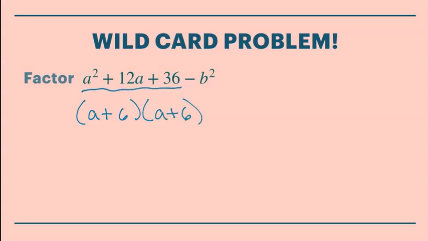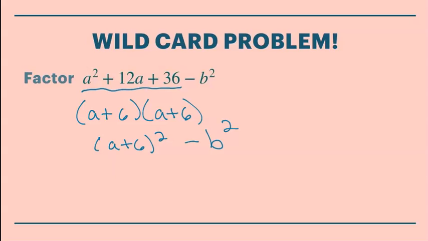Well, a plus 6 times a plus 6 is a perfect square. I can write that as a plus 6 squared, and then minus b squared. All right, so instead of grouping the first two terms, I've grouped the first three terms, and I've factored them into a perfect square here.